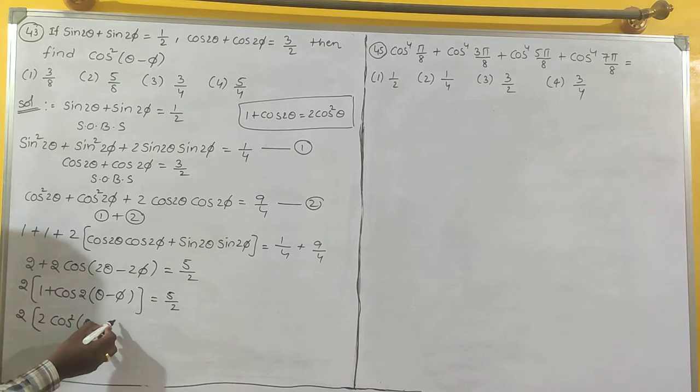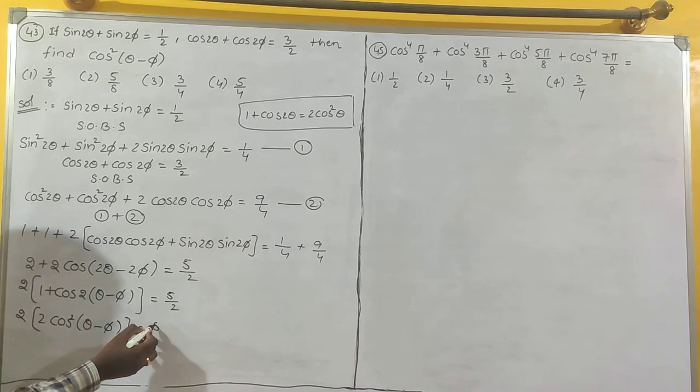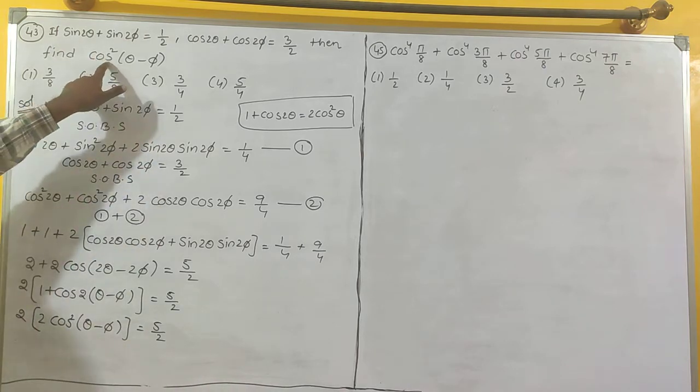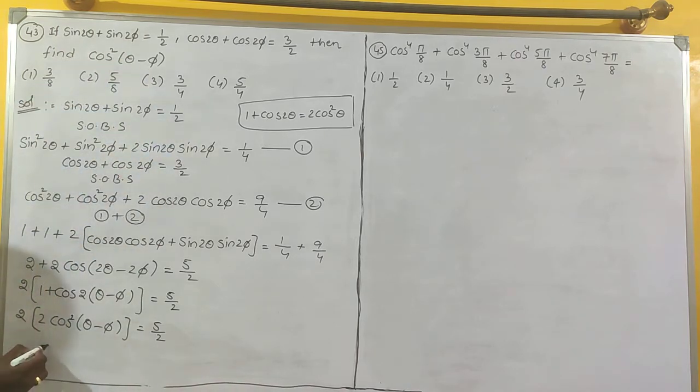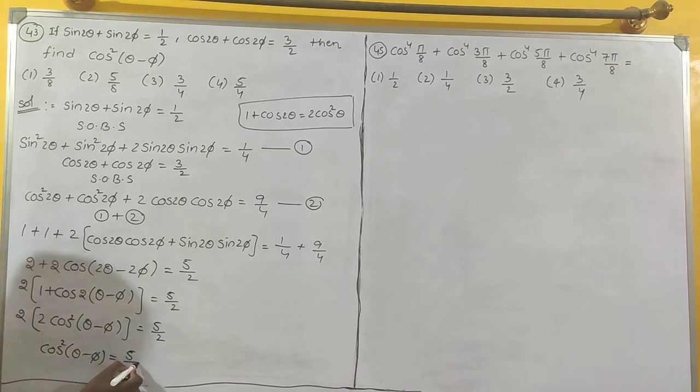Theta minus pi. That equals to 5 by 2. But in the question they asked only cos square (theta minus pi). Now cos square (theta minus pi): here 2 into 2 is 4, 4 goes to that side and becomes the denominator, 2 into 4 is 8. So the answer is 5 by 8. 5 by 8 is nothing but option 2, which is the correct answer.